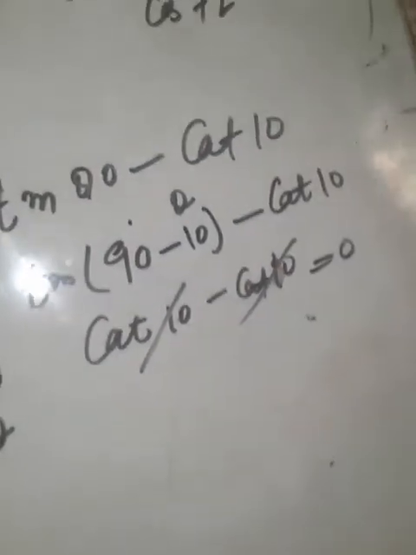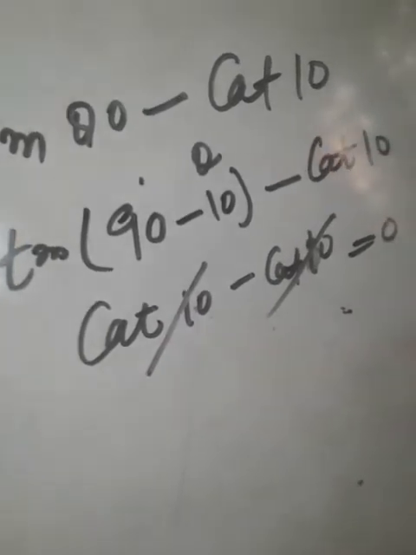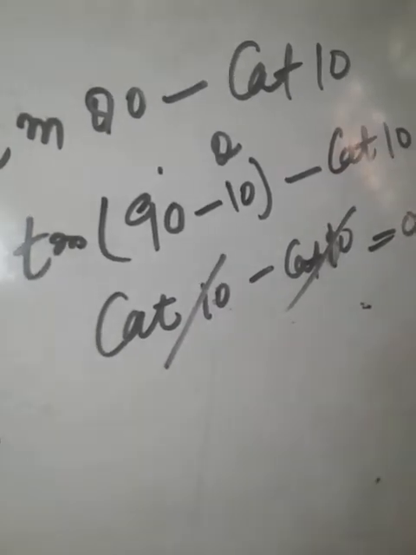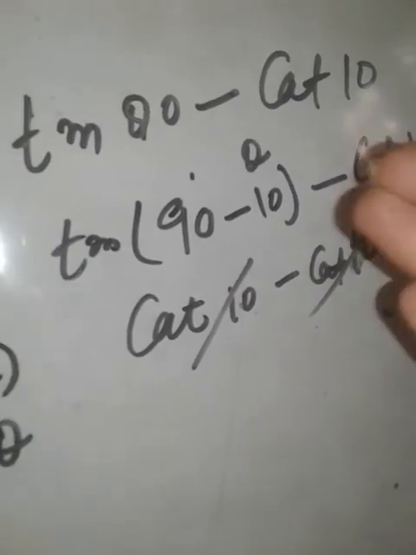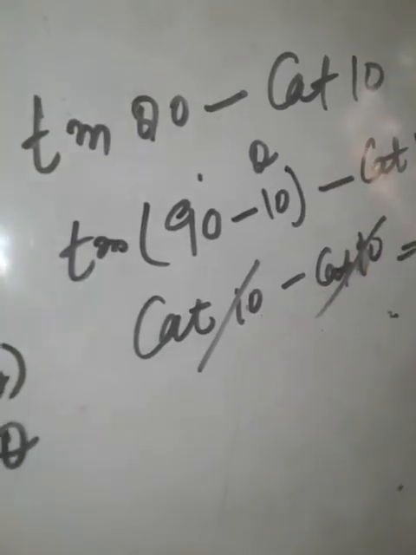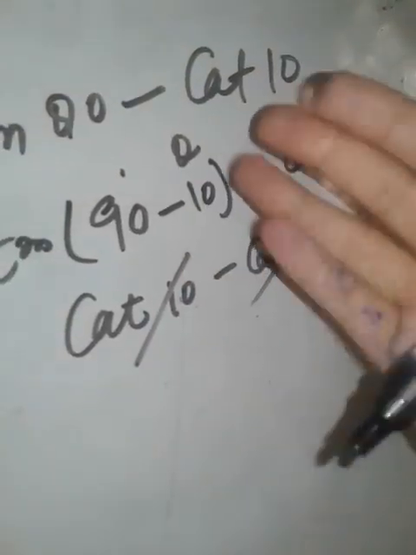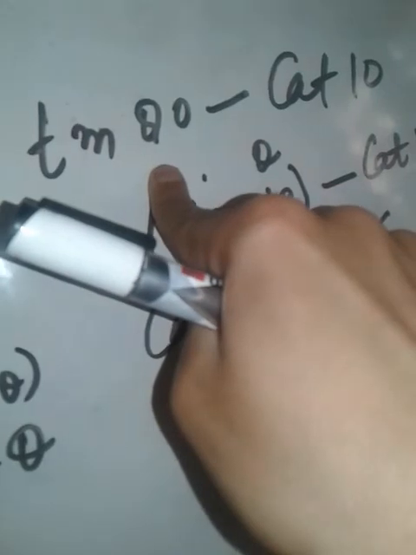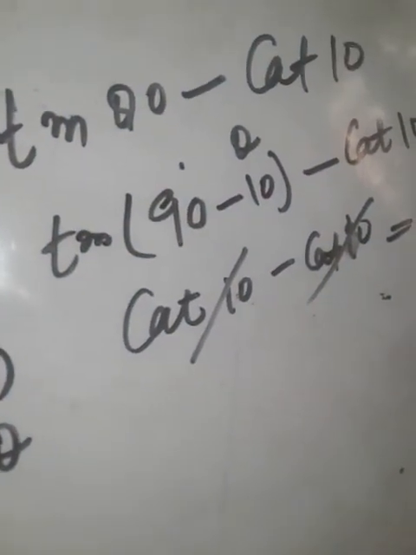So you have learned how to find the values of complementary angles and how to apply the complementary conversion formula to these questions. Similarly, you can keep tan 80 as it is and change the other, and you will again get the answer 0.